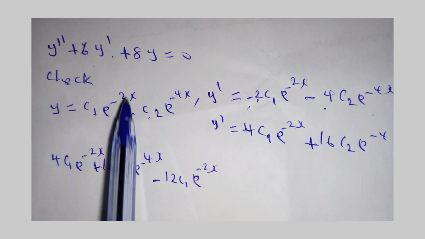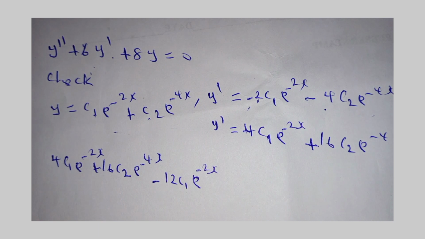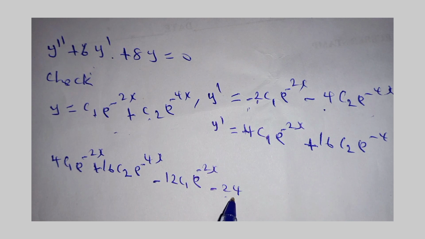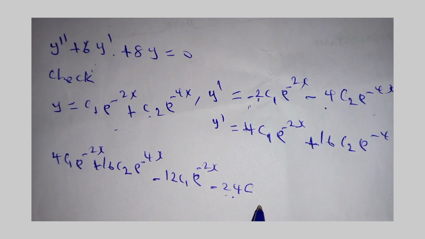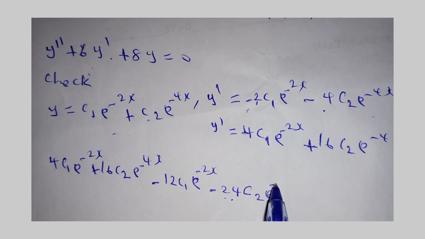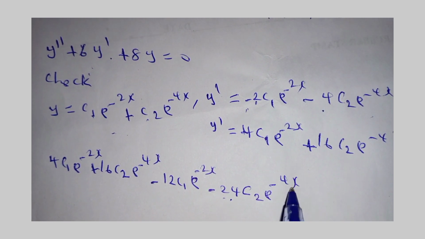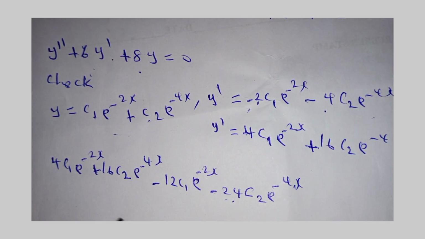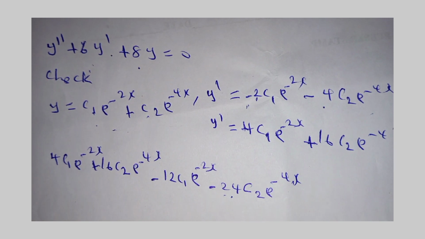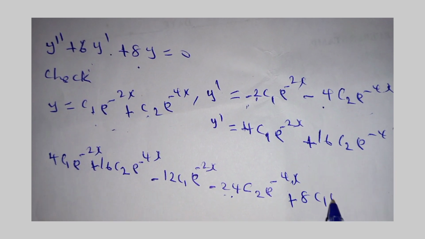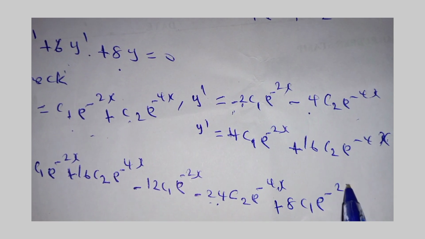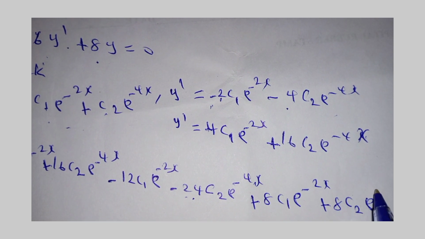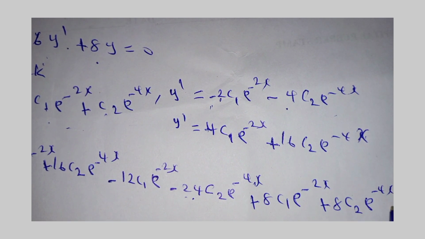Then you have 6 times negative 4c2, which will give you negative 24c2 exponential negative 4x. Then you have the last one, 8 times the value of y, so you will have 8c1 exponential negative 2x plus 8c2 exponential negative 4x. This will give us what?